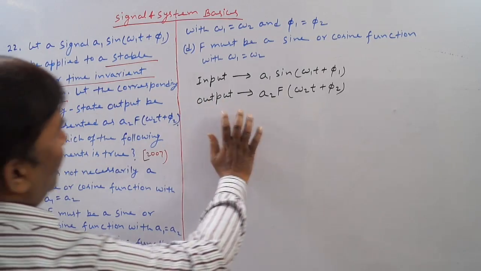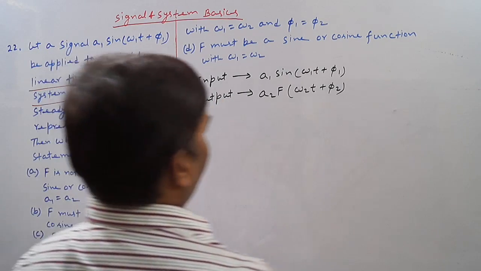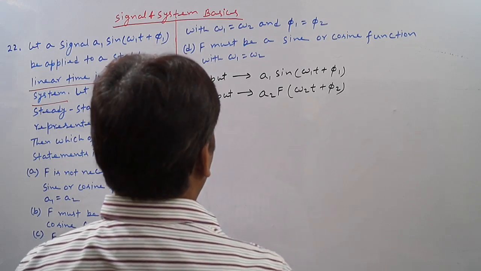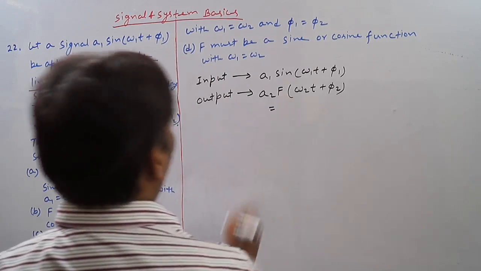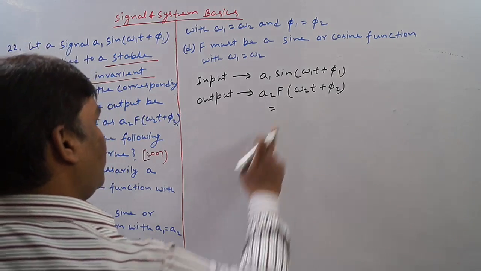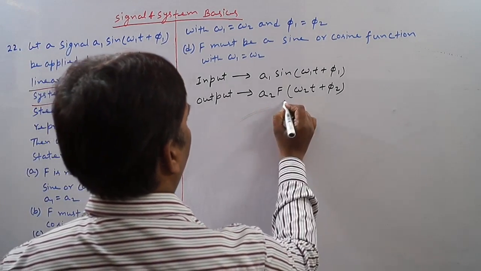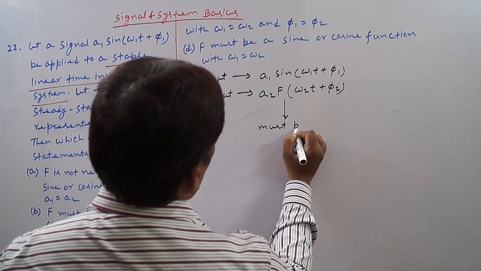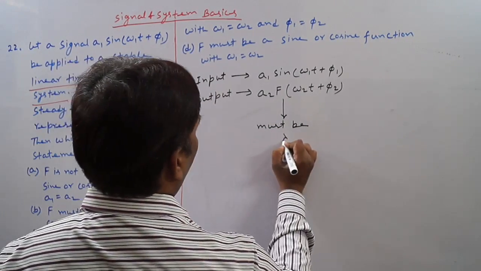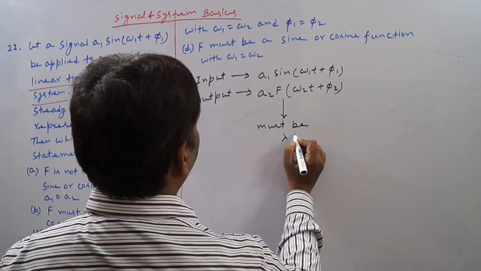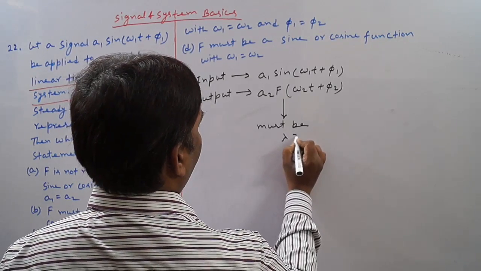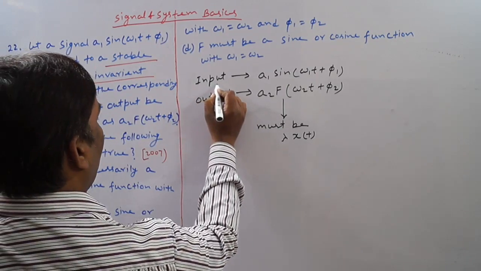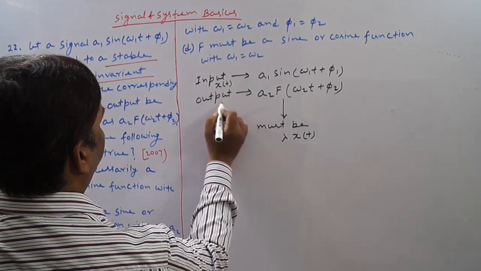So this output must be some constant, suppose lambda, multiplied by x(t). Suppose I have taken the input as x(t) and the output as y(t).